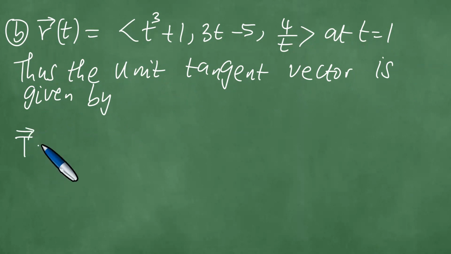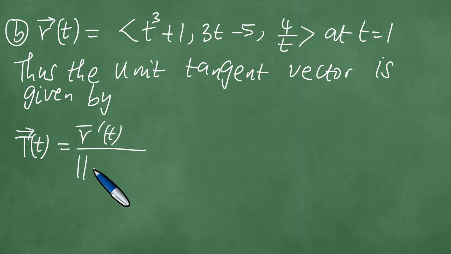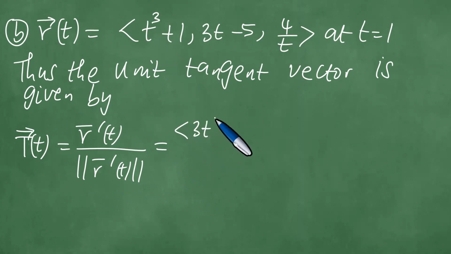vector T, which is r primed of t divided by the length of r primed at t. Right, so you take the derivative of this, which is 3t squared.